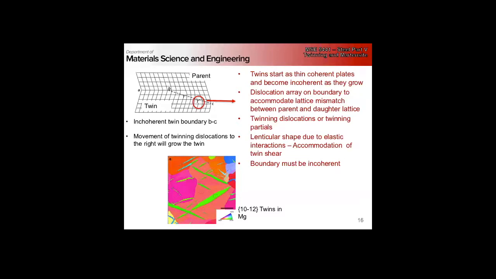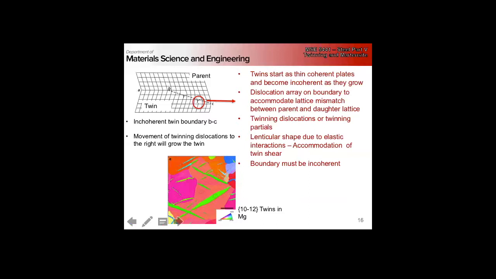But in a polycrystal, this grain is confined by the neighbors, and the deformation needs to be compatible, right? So we have a very complicated stress state. So the twin initially starts out as a very thin, coherent plate, and as they grow, become incoherent. And so if we look here at this picture, here we have a twin boundary AB.